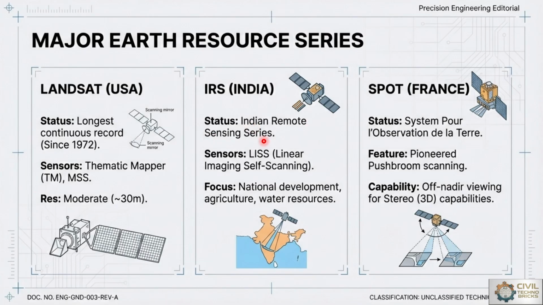For India, the Indian Remote Sensing series has this status, while SPOT is the Système Pour l'Observation de la Terre, the French system. The sensors used in Landsat are the Landsat Thematic Mapper and MSS. In India, LISS, the Linear Imaging Self Scanning sensor, is used for data collection, and SPOT, owned by France, pioneered push broom scanning.